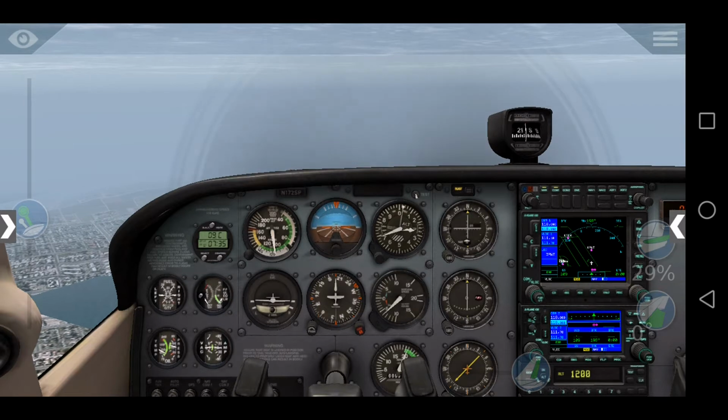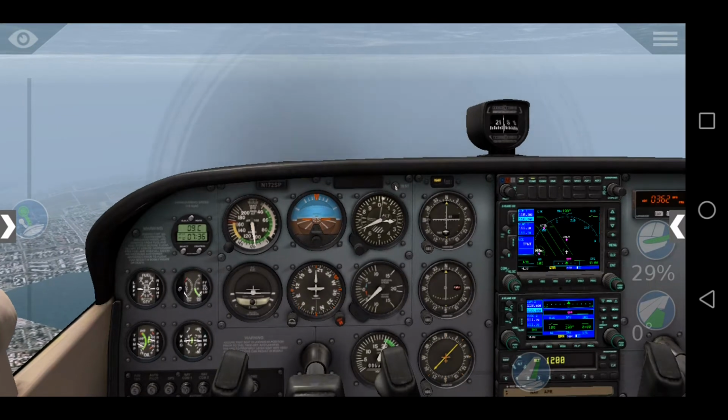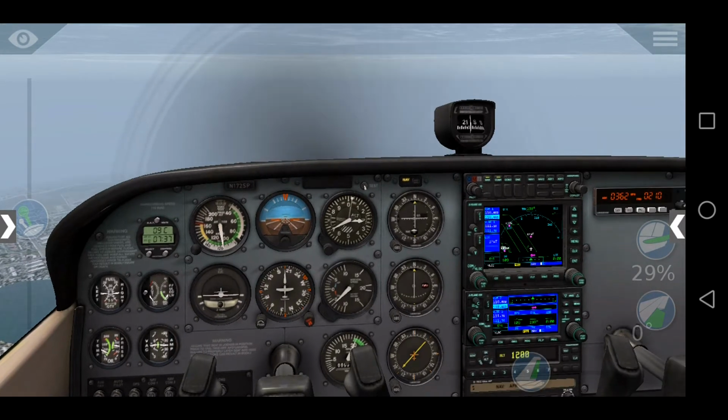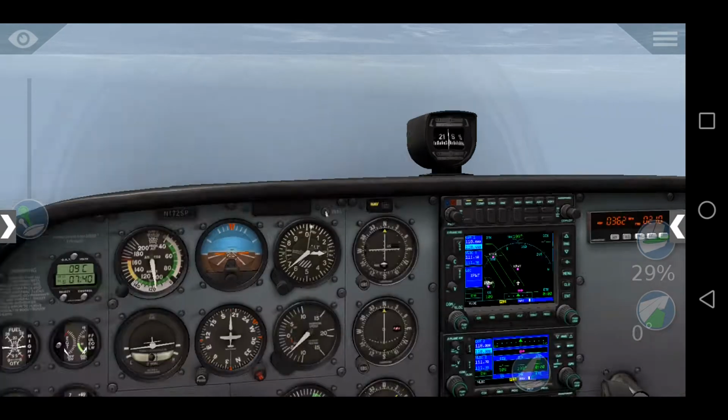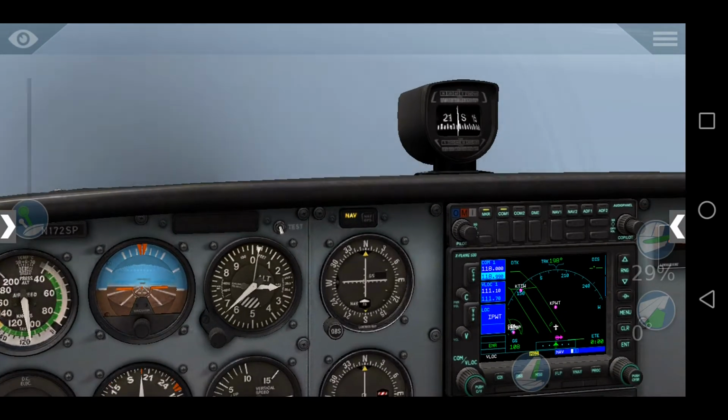Now, here's the information that we need to know regarding our destination airport, Bremerton. First thing is, it sits at an elevation of 444 feet, and we are doing an ILS into runway 20, which is the only runway available at the airport.